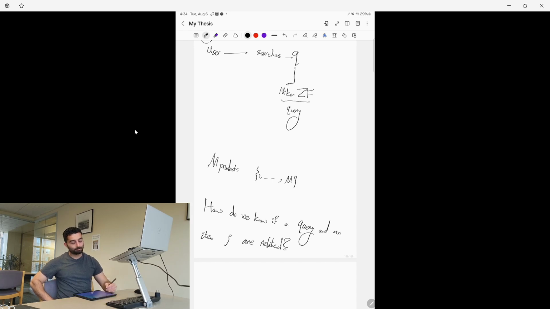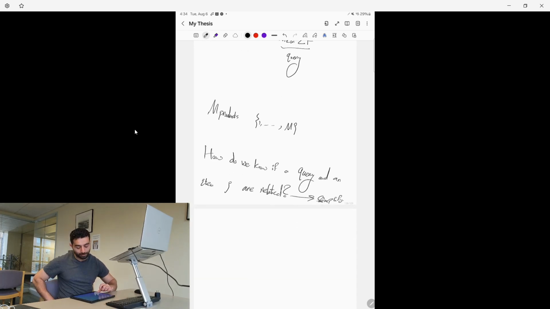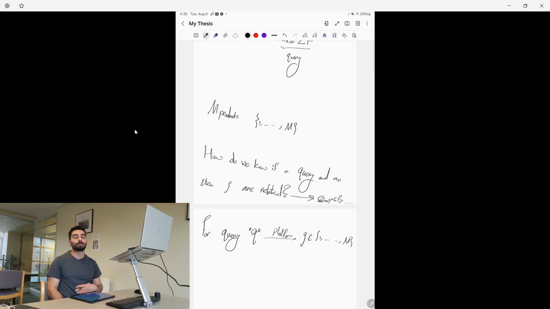Okay, let's simplify. Let's assume for query Q, our search engine or whatever platform says, for product J in 1 to M, it gives us M products that are related.